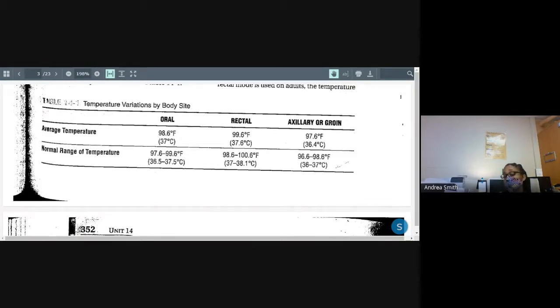This is not in your notes, so go ahead and make sure you write this down when I say it. So know that the most common temperature administration is oral.